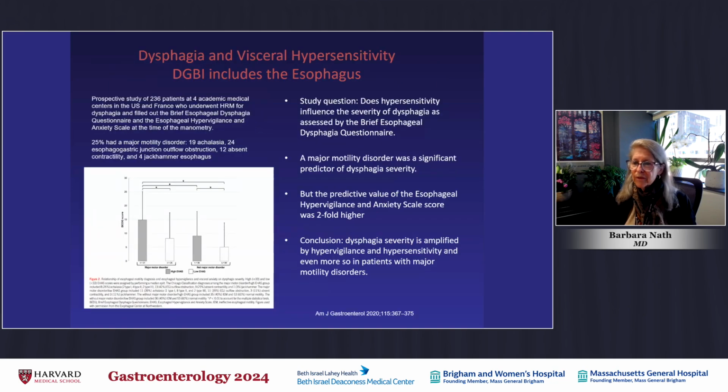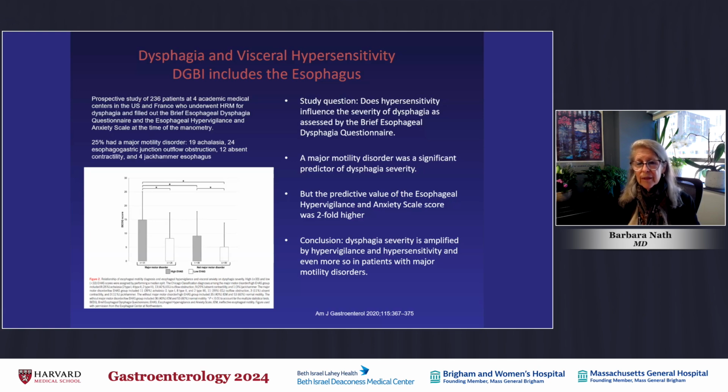And then just one final word about the fact that DGBI, disorders of gut-brain interaction, includes the esophagus. This was a prospective study of over 200 patients in the US and France who filled out a dysphagia questionnaire and an anxiety hypervigilance questionnaire.